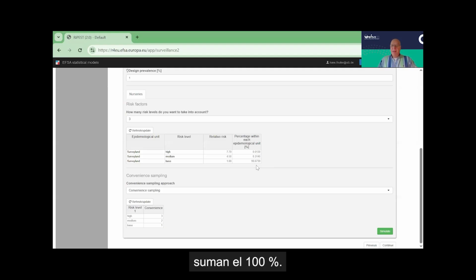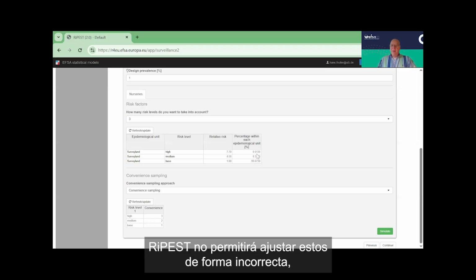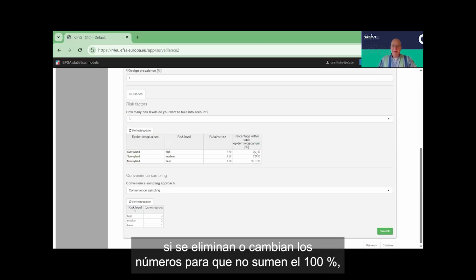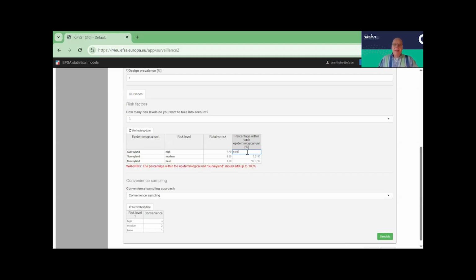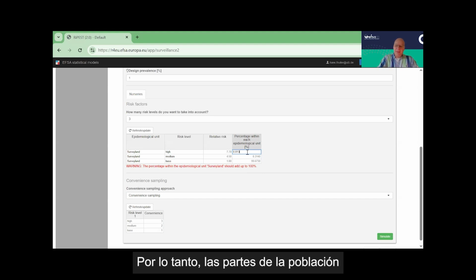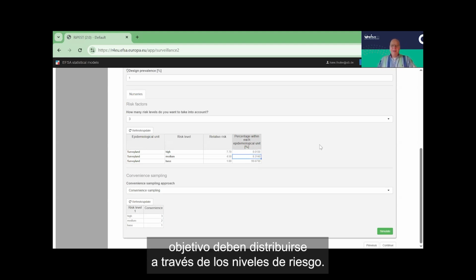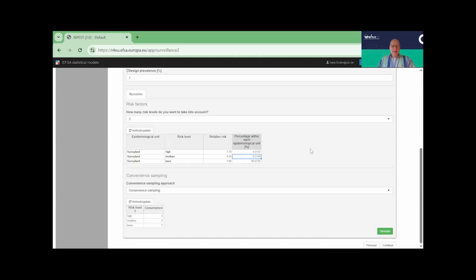In total, it has to be 100, and RIPEST will not help you cheating. So if I change this and I remove this 3, you see RIPEST is immediately opposing, so that you cannot put less than 100%. So all the target population is well distributed.